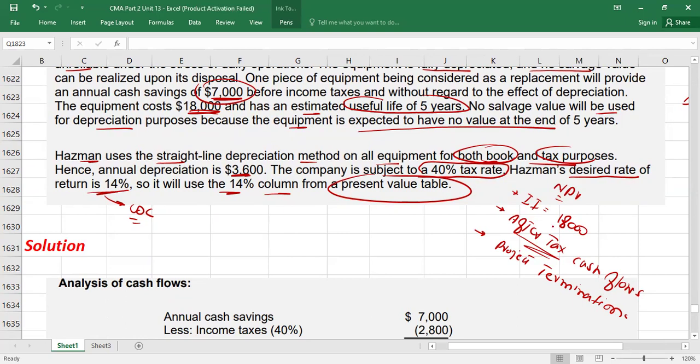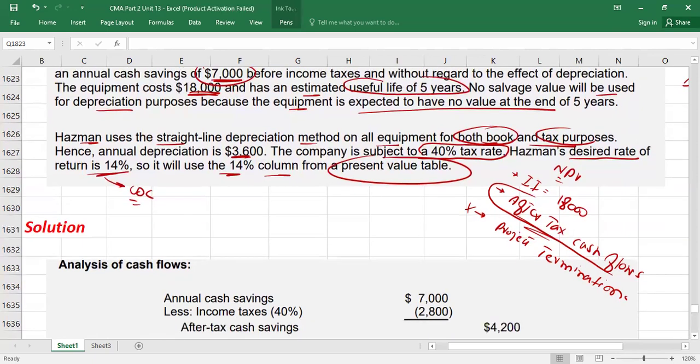Now here, initial investment is given. Project termination cash flows are not given, but information about after tax cash flows is provided. So here we go. We are going to do a calculation for after tax cash flows now. So how will you calculate?